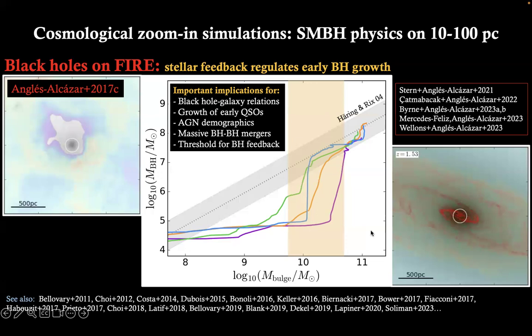But it's very possible that a lot of these might be affected by biases, because it's easier to see black holes that are overmassive. So these are still all very big questions, and the more we learn from the observations, the better constraints we can put on simulations.